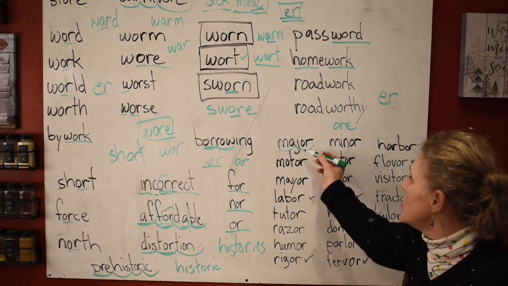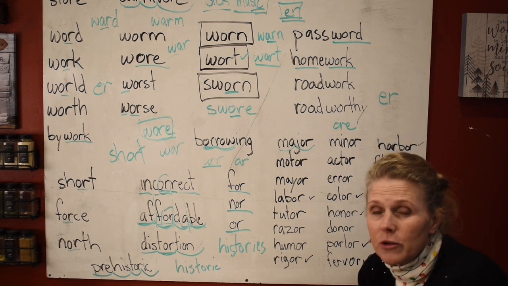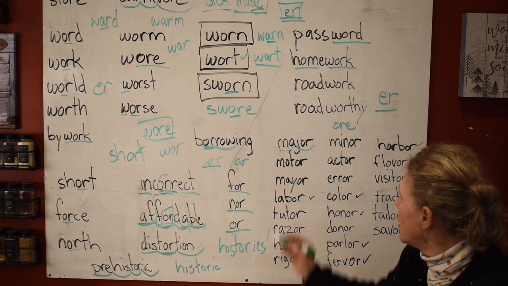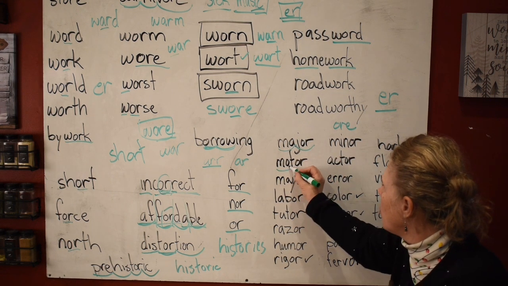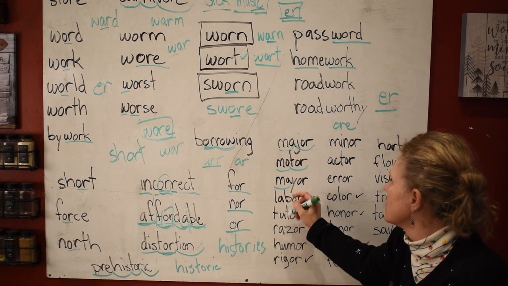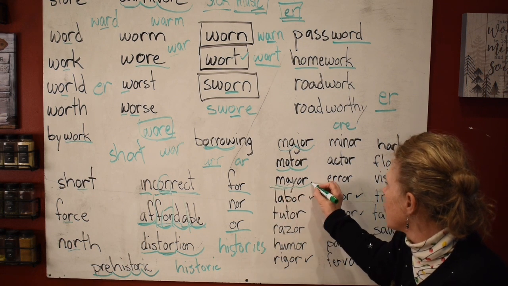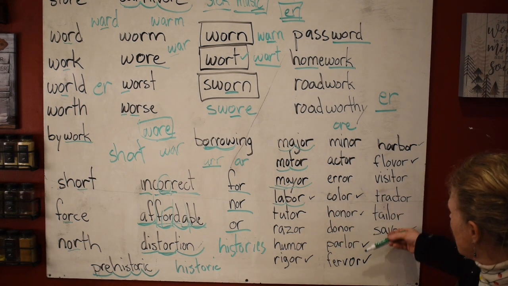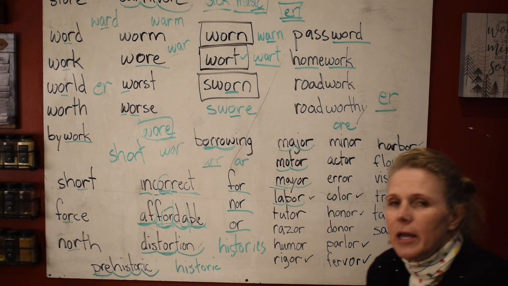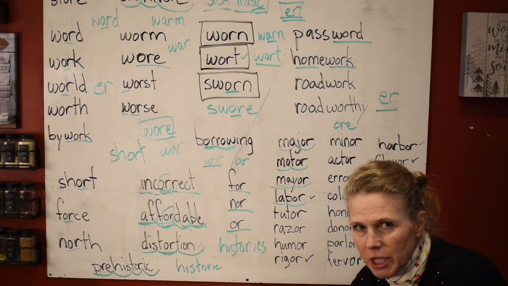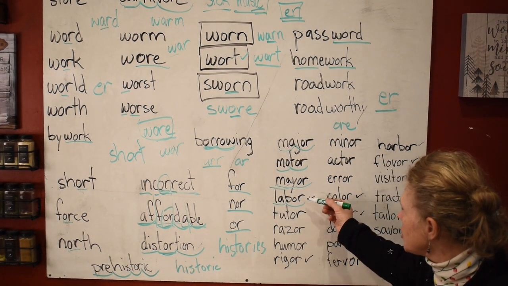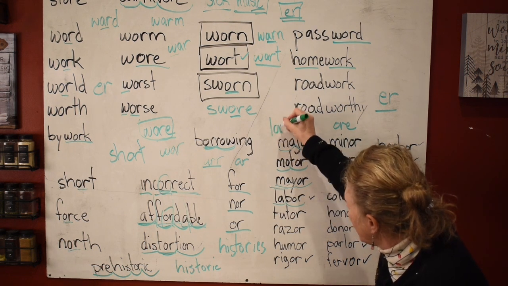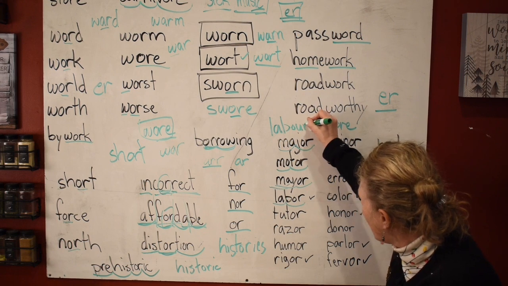See, when we have OR at the end of a word, almost always it's going to say "er." Major, motor, mayor, labor. I put check marks on all the ones. If you are studying British English, they will spell labor L-A-B-O-U-R.